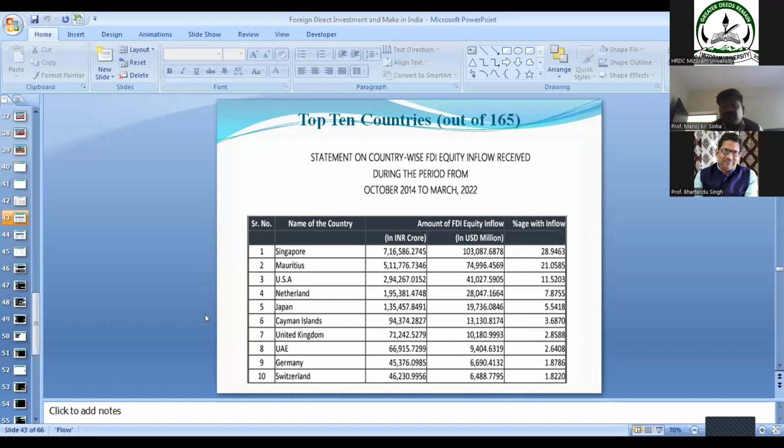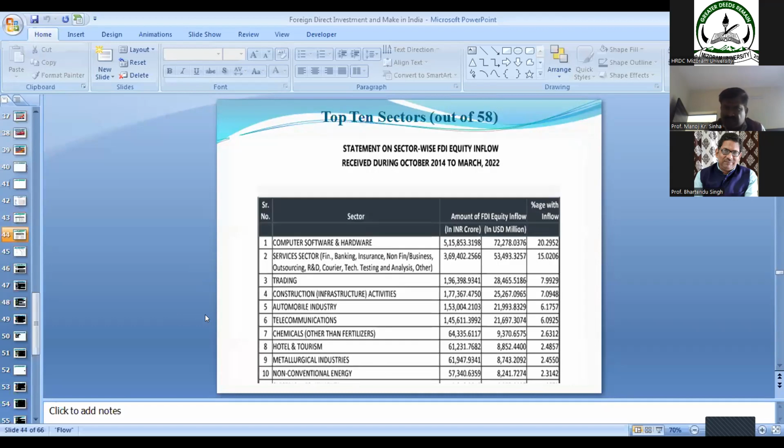Similarly, there is FDI in India in 58 sectors. Out of these 58 sectors, the top sectors in which India is getting FDI investment are computer software and hardware, service sector, trading, construction, automobile, telecommunication, chemical, hotel and tourism.